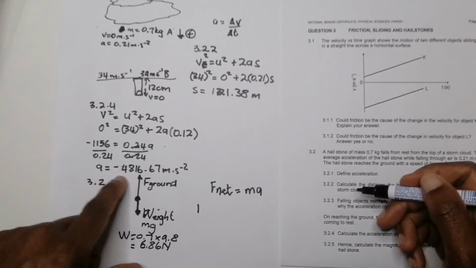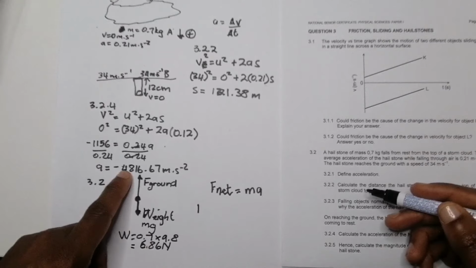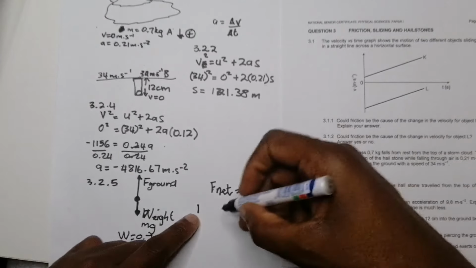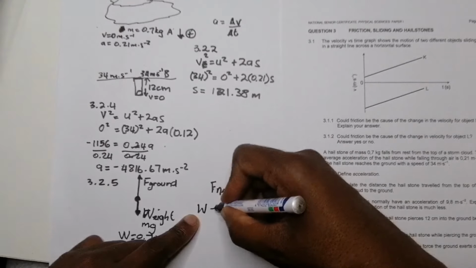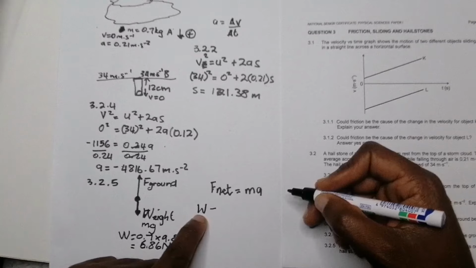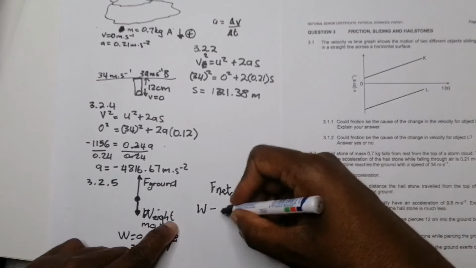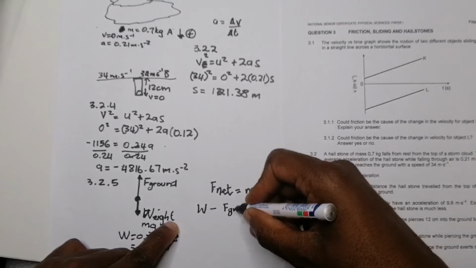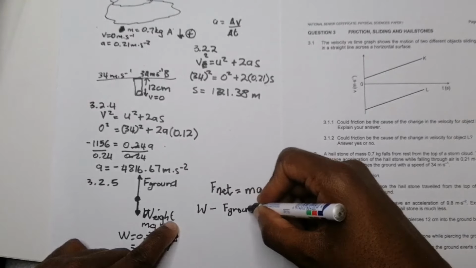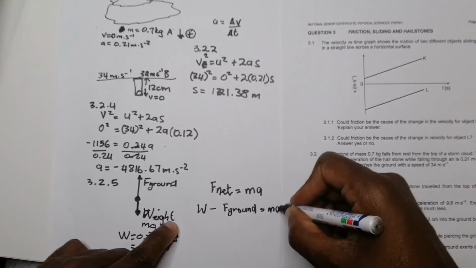If you think about it, when it is accelerating there, it's accelerating upwards because we got a negative acceleration there. So it means that it's going to be the weight of the object minus, now, why am I saying it's positive? Because we said down is positive, minus the force that the ground exerts, the force of the ground, and this is equal to ma.